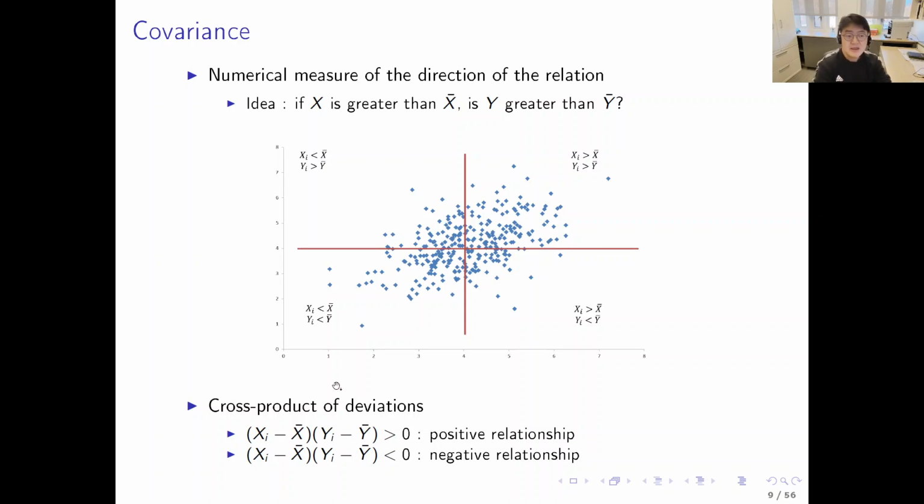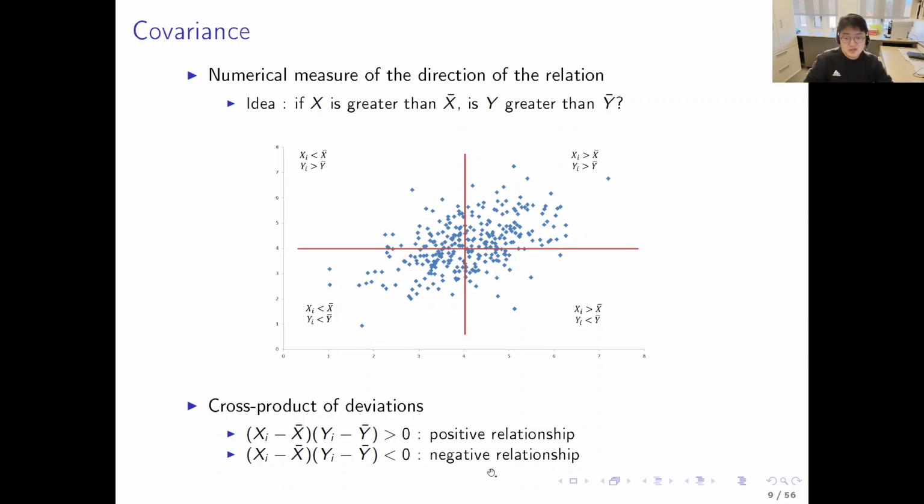If they move in the same direction, both positive or both negative, then when you multiply them, the sign will be positive, right? So that's exactly what we want as a positive relationship. So when I say an observation shows positive relationship, the deviations in x and y are in the same direction, so their multiplication will be positive. And also, they are the observations in the first and the third quadrants, right? So these two quadrants include the observations with positive relationship.